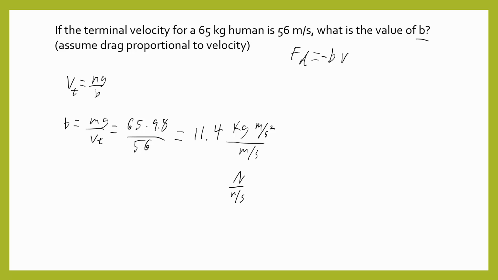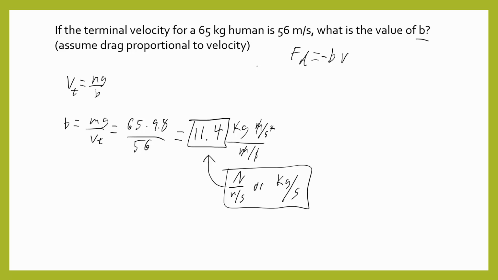Or you can cancel out the meters, and you can cancel out one of the seconds. So this is also equivalent to kilograms per second, which doesn't really have a good intuitive meaning to me, but anyway, those are the units for your b coefficients if you have linear drag.